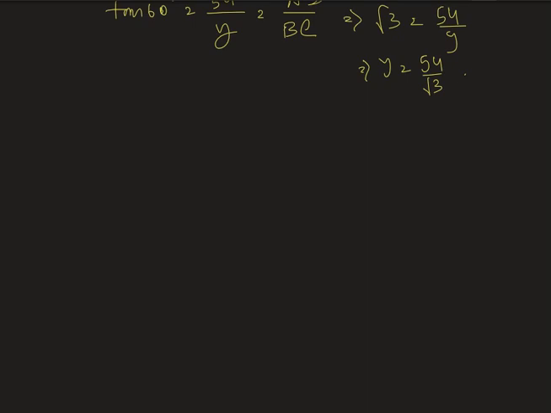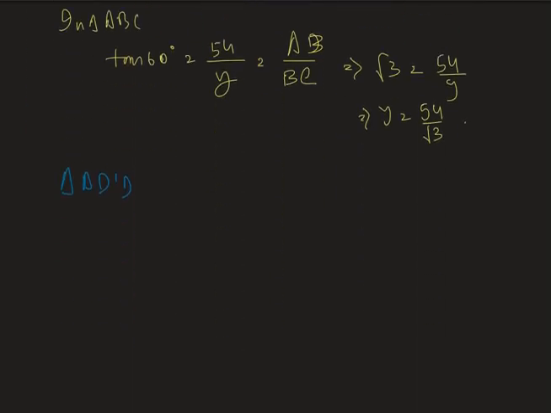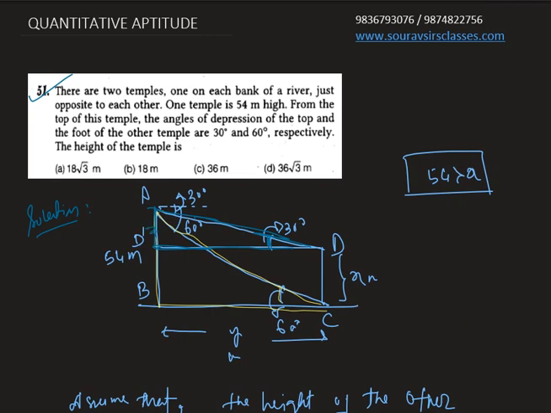Okay, now in the triangle AD prime D, in this small triangle where we have the 30°, if we take tan 30°, we get AD prime divided by D prime D, where AD prime is the perpendicular and D prime D is the base.